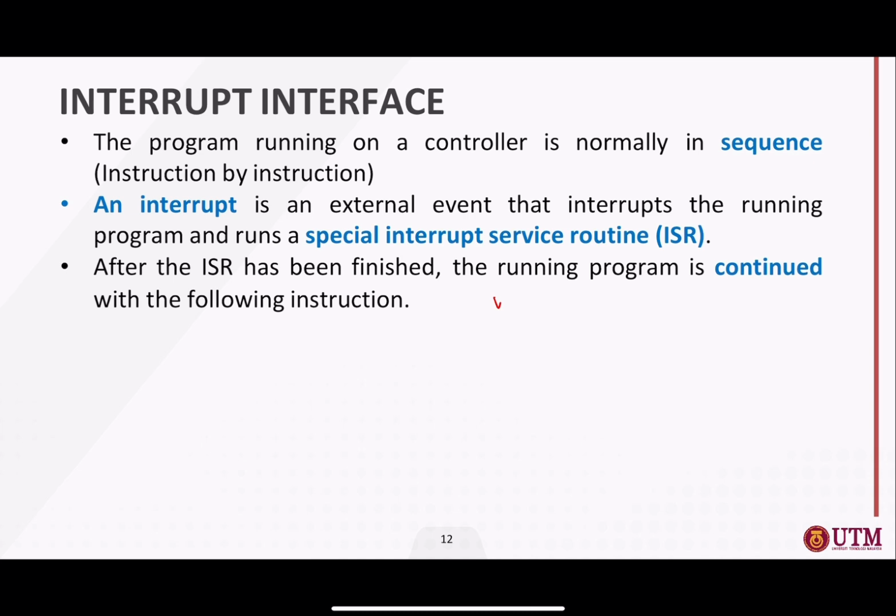An interrupt is actually an external event that interrupts the running program and runs a special interrupt service routine. After the ISR has finished, the running program continues with the following instruction. For example, inside void setup, you have attachInterrupt.